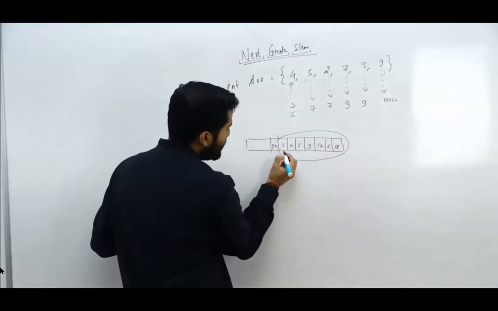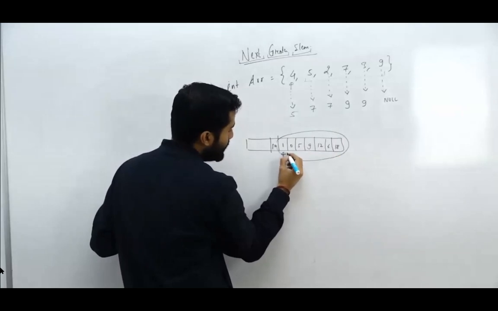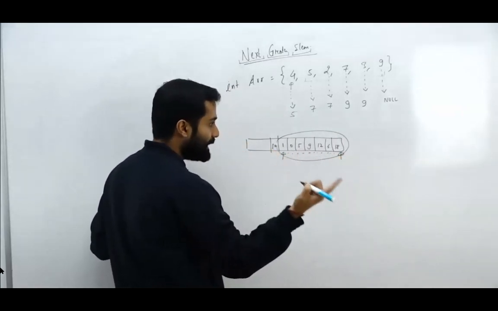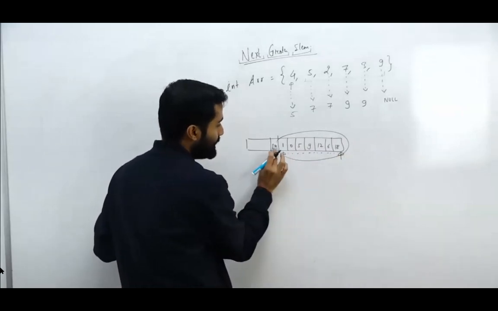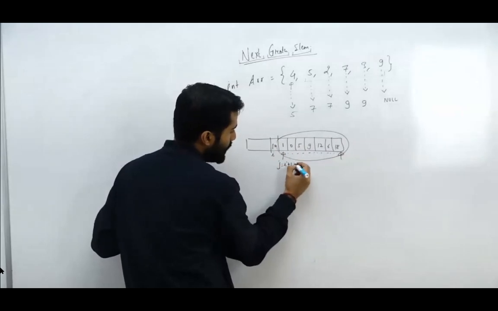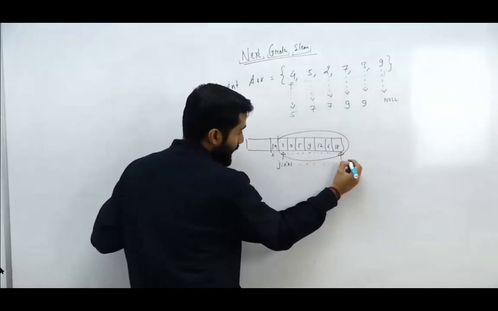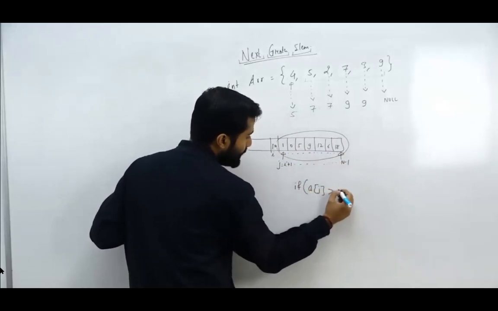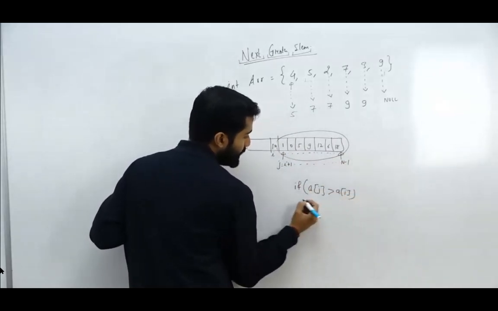For this 10, you would want to travel from here till the end, as long as you have not gotten an element which is strictly greater than 10. So if this is at index i, you want to move your j from i plus 1 to n minus 1. And the moment a of j is greater than a of i, you will break.